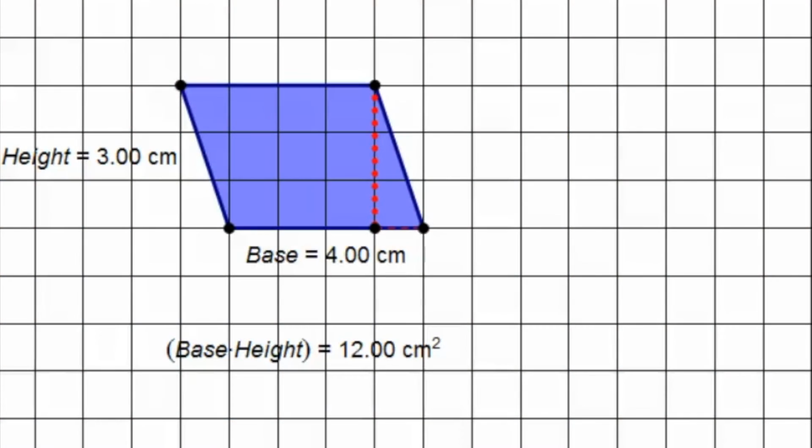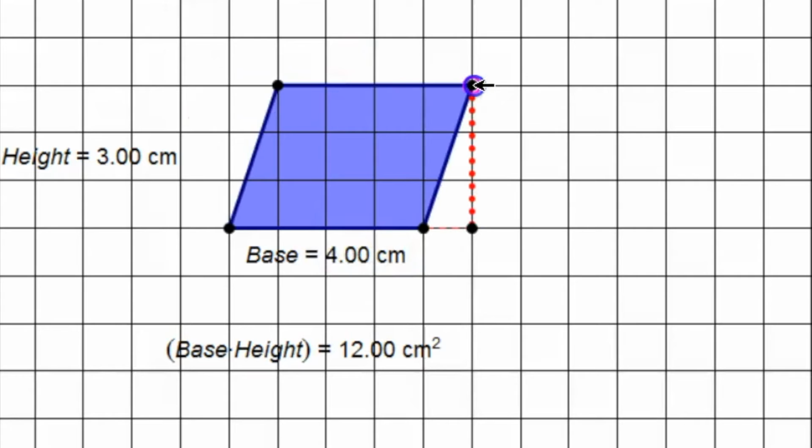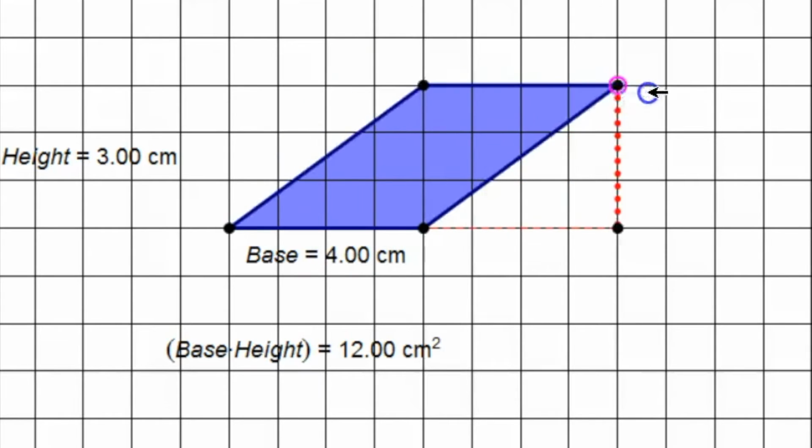Let's take a close look at area and this idea of shearing. So here we have a base of 4 and a height of 3. They're perpendicular to each other, and so the area of the shaded region of the parallelogram is base times height, which is 4 times 3, or 12. Now the idea of shearing is that, let's say we locked this base and we only moved the top. Do you see how I'm moving it in a parallel manner?